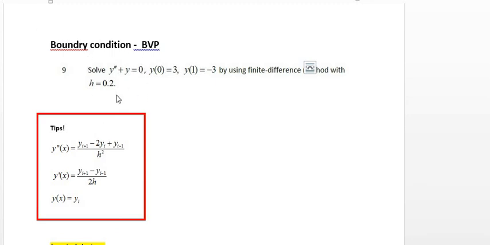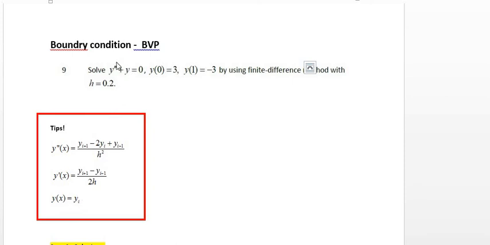The tip for this topic is to understand that if you have y double prime, which is second order, just replace it with this equation. If you have first order, then you replace with this equation. If you have no order, then you just replace y with yi.